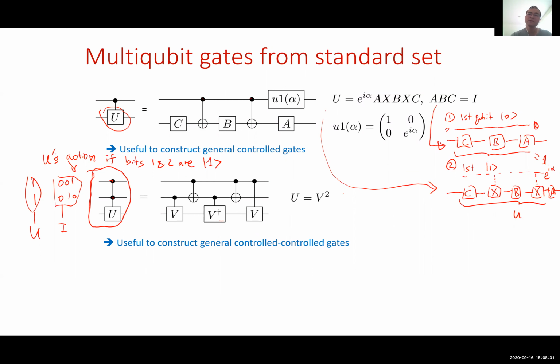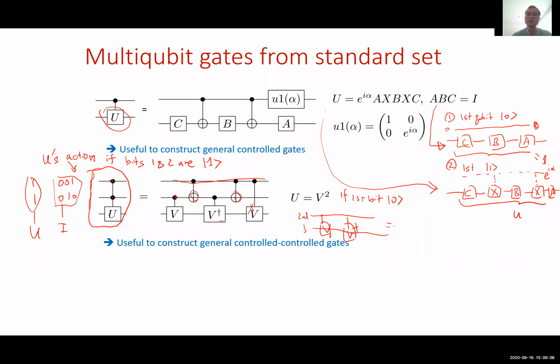So let's check the identity. If the first bit is 0, the second and third lines here, you still have control V. This one does not activate, and this one V dagger, this one is not activated, and this one is also not activated as well, right?